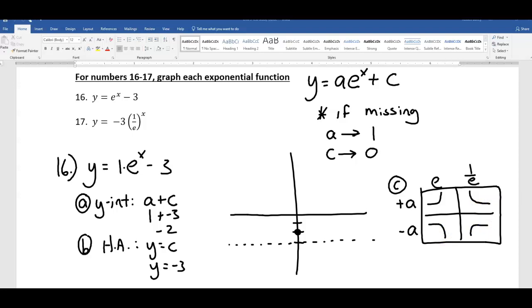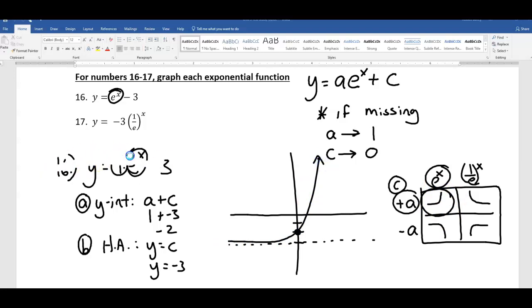If you have a regular e, like we do here, and a positive a, like we do here, then we'll be using this shape. So it's going to look like this. And that's that. Let's go and take a look at 17.